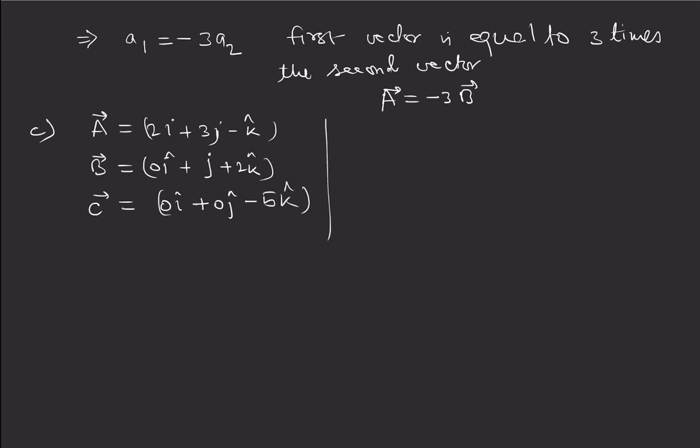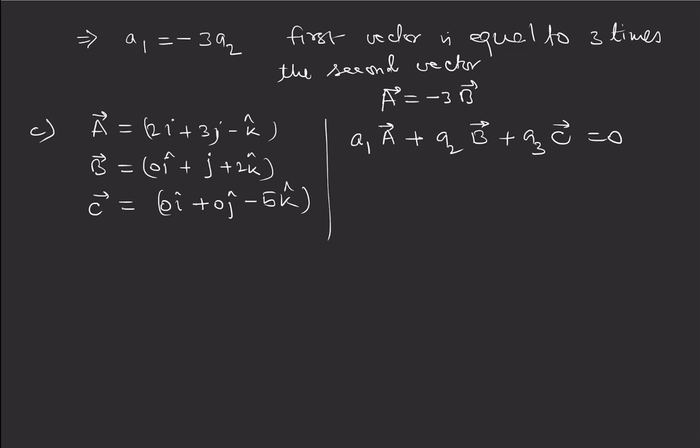So, writing these three vectors in equation form, A1 A vector plus A2 B vector plus A3 C vector is equal to 0.